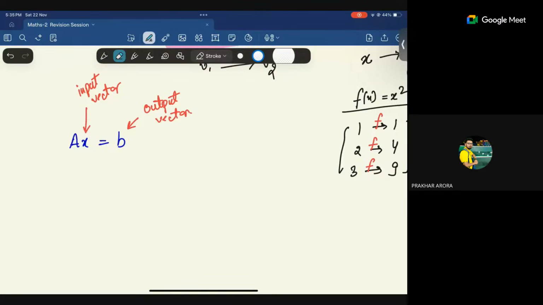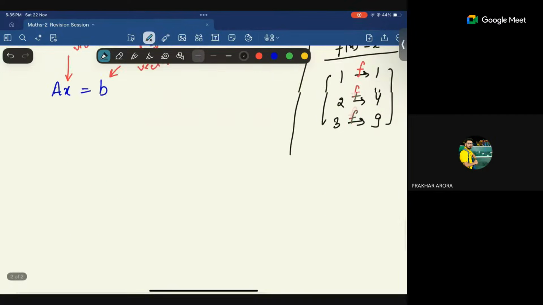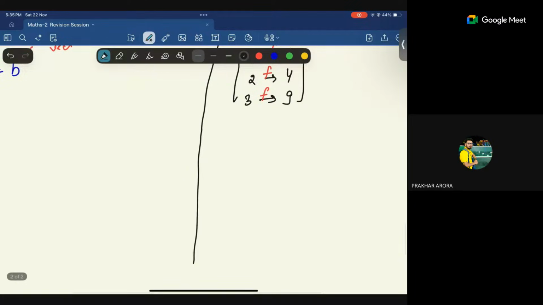Now I want to draw another parallel from functions. This was the graph we draw for functions. Let's say y equals x squared, this was our graph, and assume this is a nice-looking parabola.